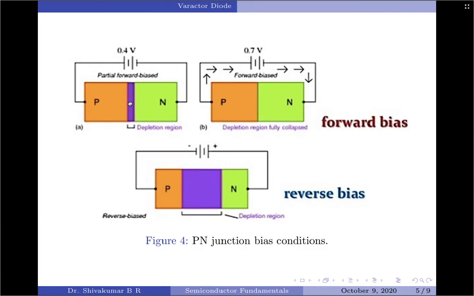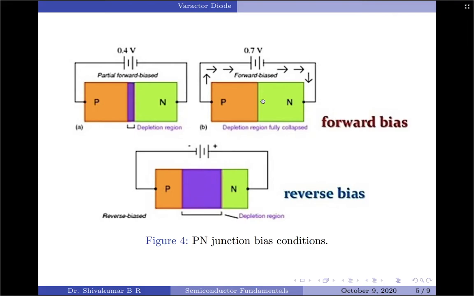If a forward bias voltage is applied, that is, positive voltage is applied to the P-type layer and negative voltage is applied to the N-type layer, the width of the depletion layer decreases. And above a certain voltage, it completely disappears, and this is shown in figure B here.